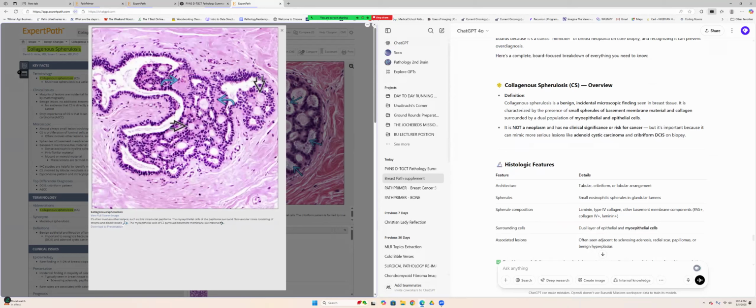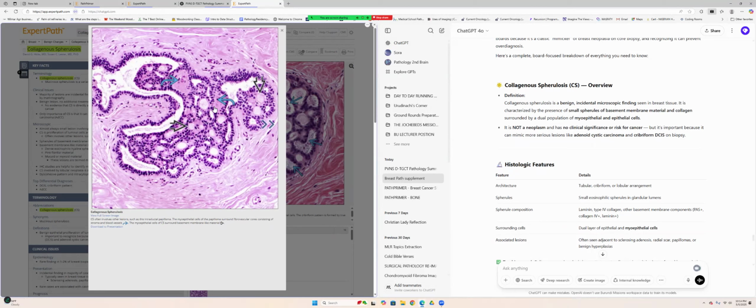Collagenous spherulosis sometimes involves other lesions such as intraductal papilloma. The epithelial cells of the papilloma surround fibrovascular cores consisting of stroma and blood vessels. The epithelial cells of collagenous spherulosis surround basement membrane-like material.